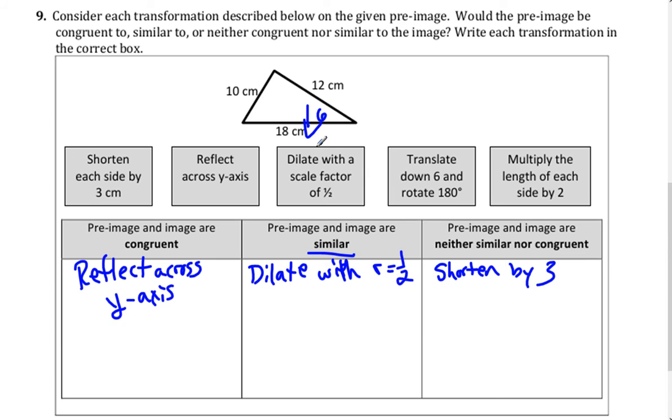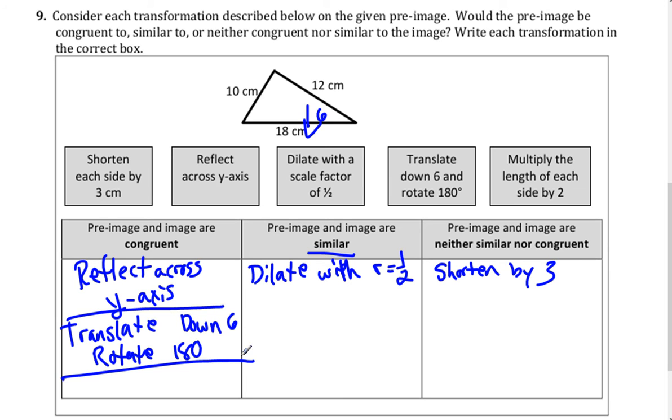And since it's the same size, those would be congruent shapes. So this is the translate down 6 and then rotate 180 degrees. So that is congruent because it's the same shape, it's the same size, it's just in a different location.